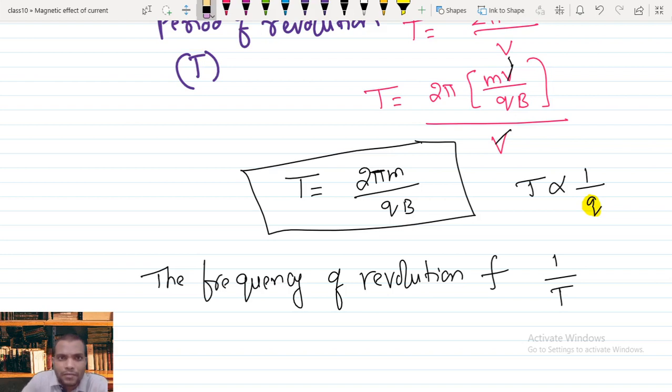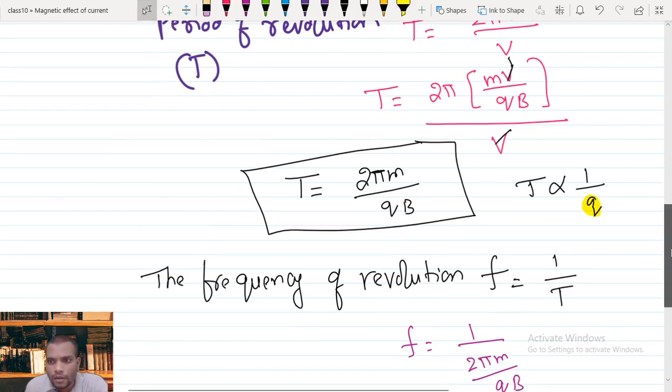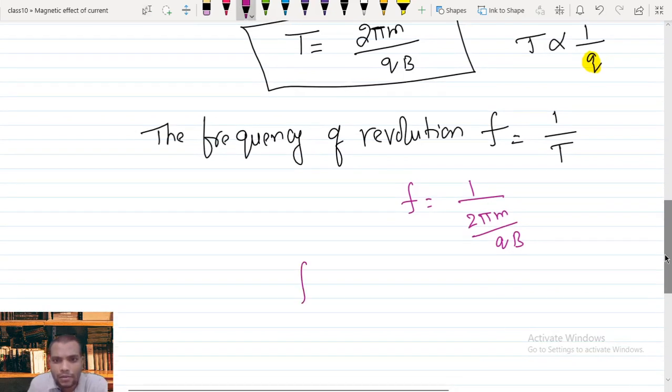So I can get the frequency of revolution f equals 1 by time period. Therefore f equals 1 over the time period value, here we already got 2 pi m upon qB. Now if you rewrite this expression, frequency f equals qB upon 2 pi m.